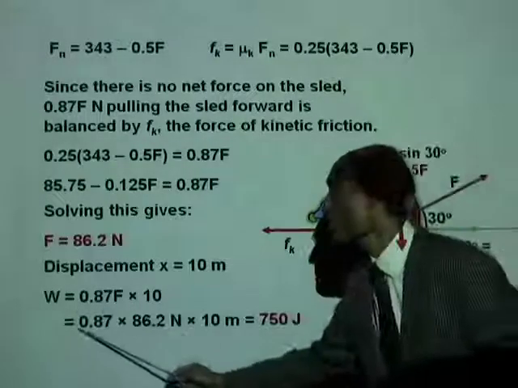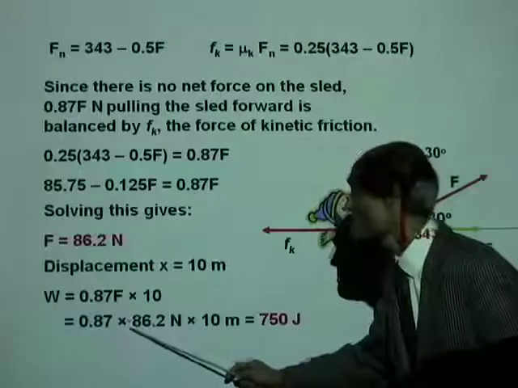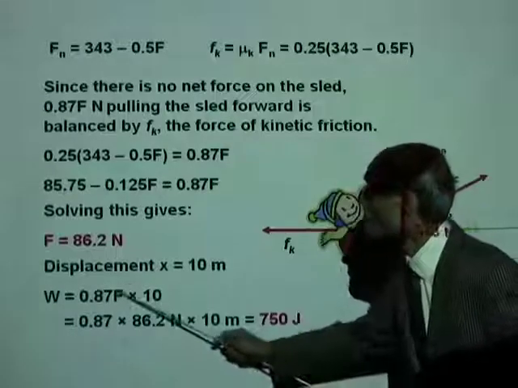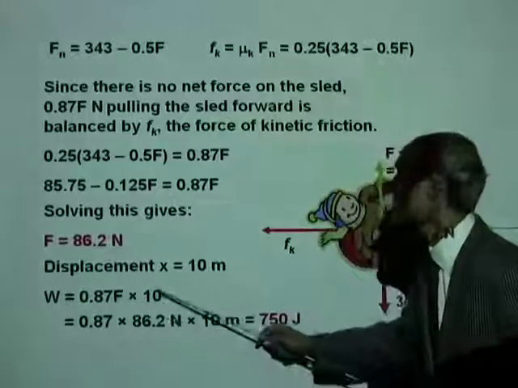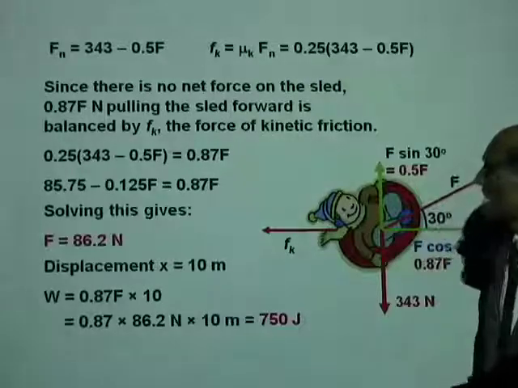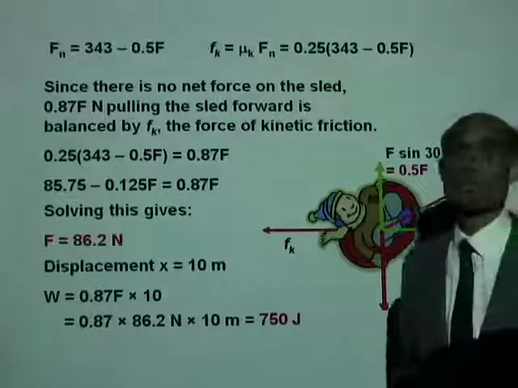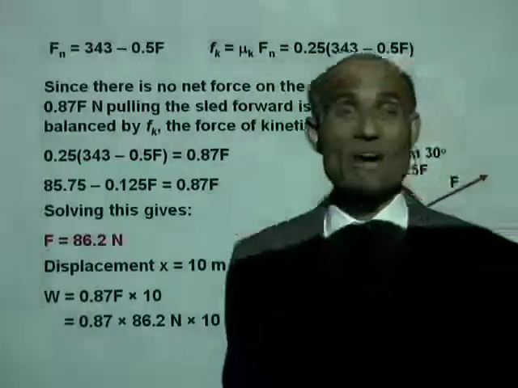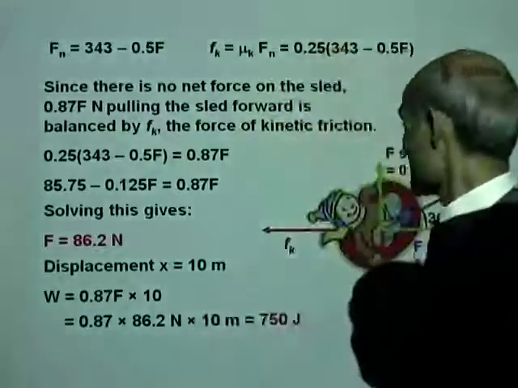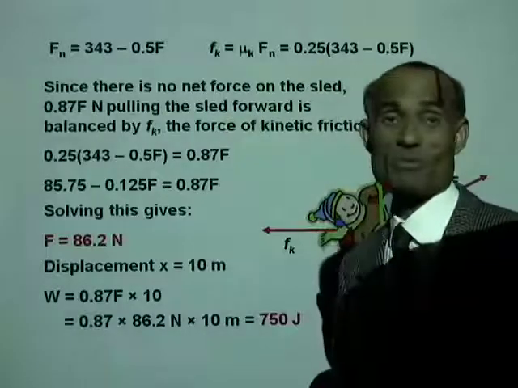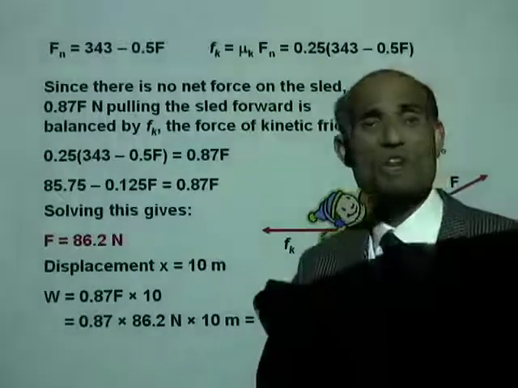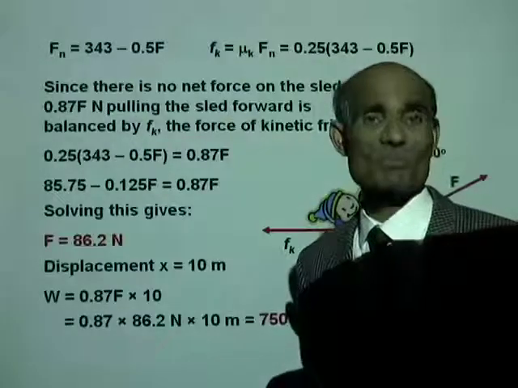And that will be 0.87 times F equal to 86.2 Newton. The displacement is 10 meter, and therefore the work done by the father is 750 joules. Now this is a good problem, and it's good to know the method of solving problems like this.